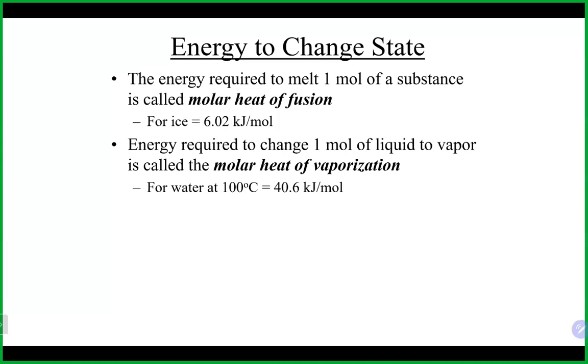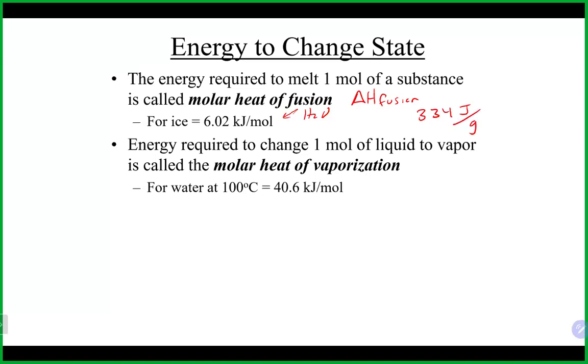The molar heat of fusion, which is sometimes referred to as the delta H of fusion, for water here is 6.02 kilojoules per mole. That is roughly, doing a quick conversion there, about 334 joules per gram.